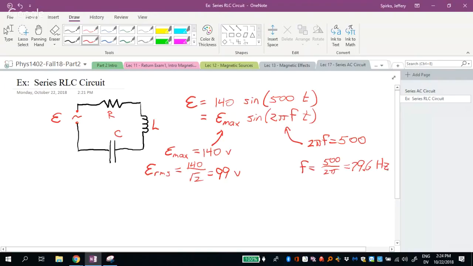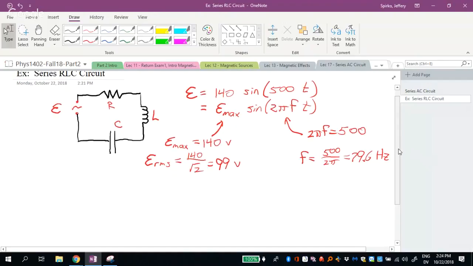So that frequency is a little bit faster than our standard AC in the United States, but it could be made with a signal generator. You used the signal generator in last week's lab to get lots of different frequencies. So there's information about one component.